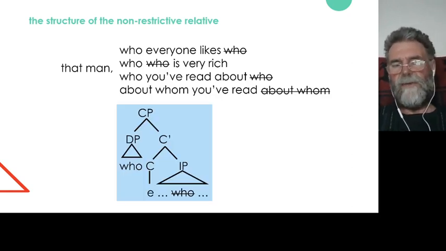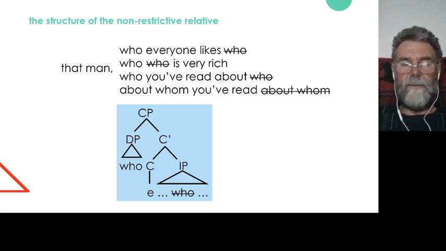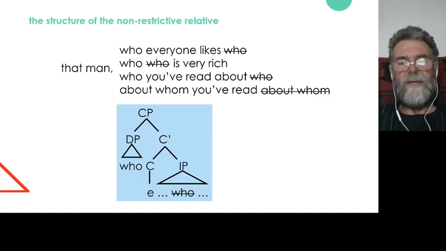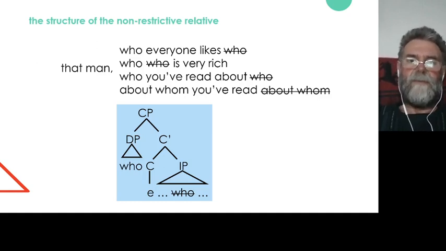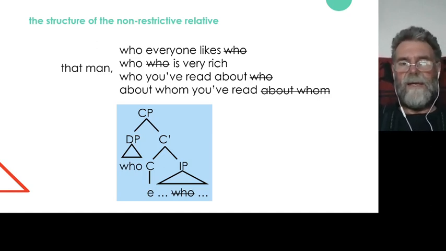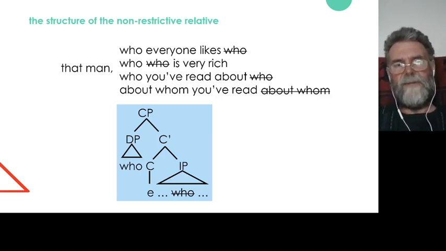We've got a WH phrase which starts off in some position inside the inflectional phrase. It could be the object, could be the subject, could be the object of a preposition, could even be an adjunct position somewhere inside. But anyway, that WH phrase always moves out of that position into the specifier of the CP, and the complementizer position is left empty.